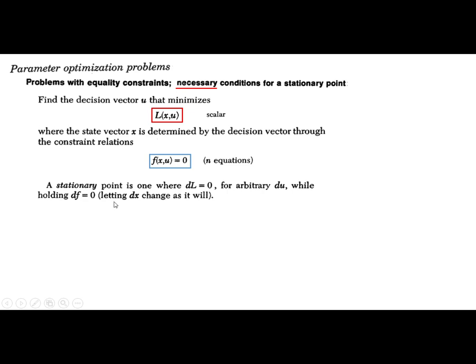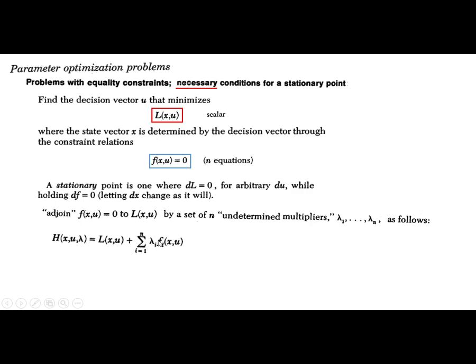To accomplish this, we simply adjoin the constraint function vector f to the index function capital L through a set of constant and undetermined multipliers lambda 1 through lambda n, as shown by the following relation. More comprehensively, let us define the vector lambda, as shown.